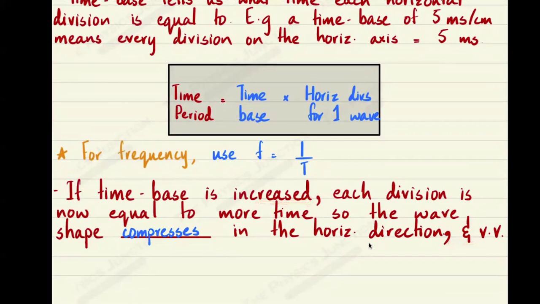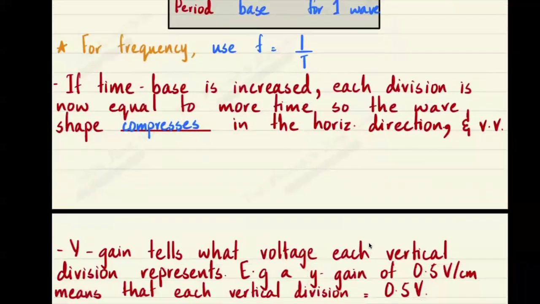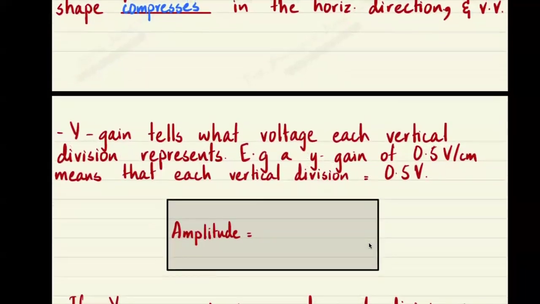So this is an important idea to understand. So if the time base increases, and if it's the same time period, then obviously the number of horizontal divisions needed would reduce.